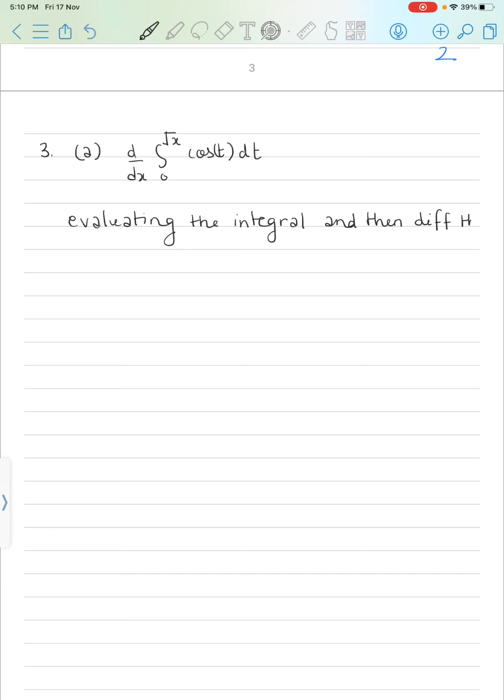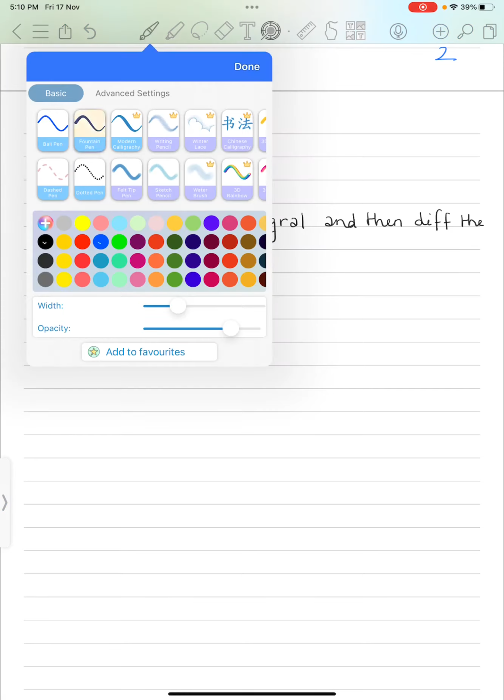In this question we have to find d/dx of the integral from 0 to root x of cos t dt, first using the method of evaluating the integral and then differentiating the integral. Okay, so let's see.